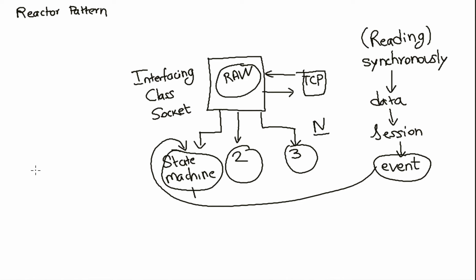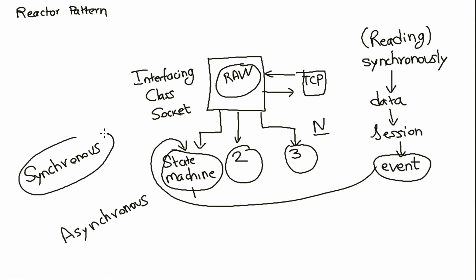So there is one synchronous process which is giving a feel of asynchronous nature to the application layer. This kind of pattern is called the reactor pattern. Okay, so what is synchronous over here?